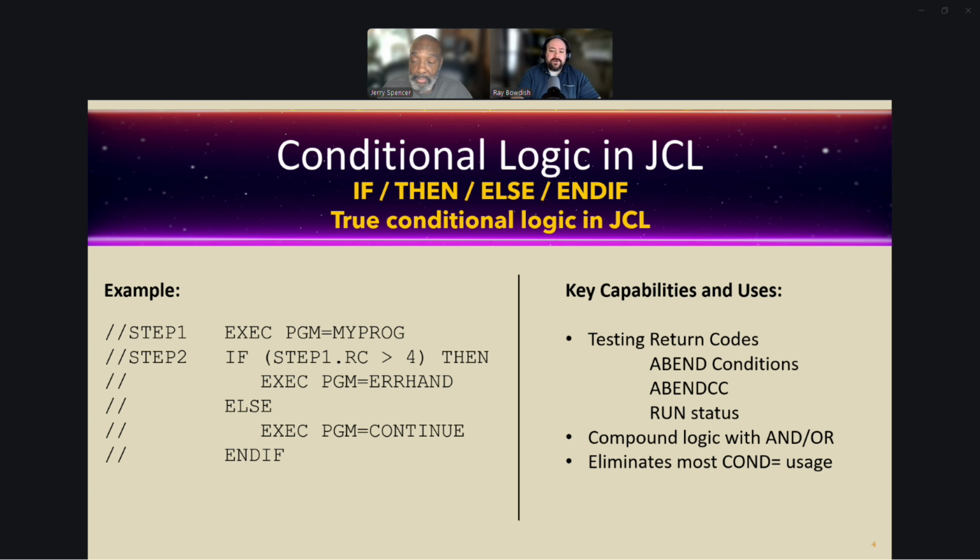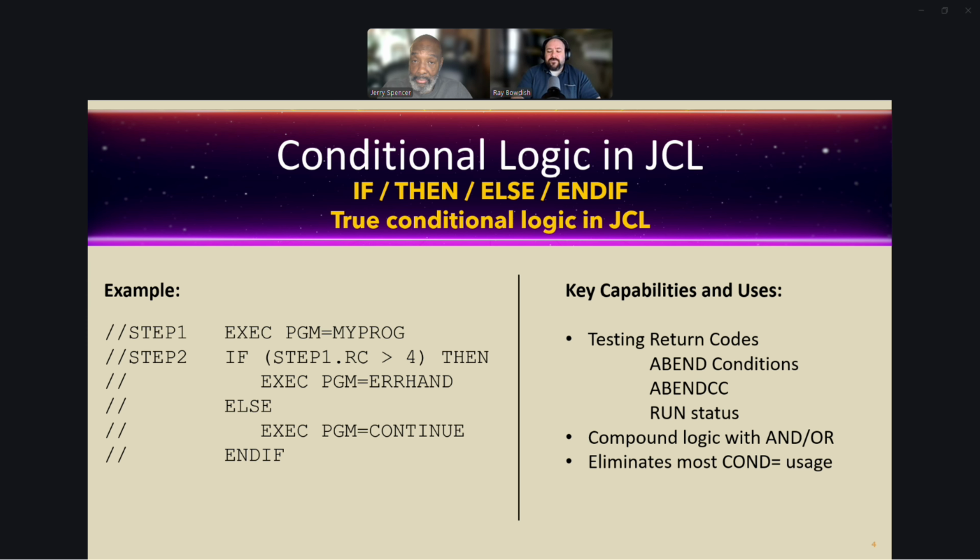In this example, we're looking at a very rudimentary piece of JCL. It's not fully formed like we've discussed in the last couple sessions, but this just gives you an idea. When you run step one, it runs some program and gets a return code. Before we run step two, we check to see if step one got a return code greater than 4.